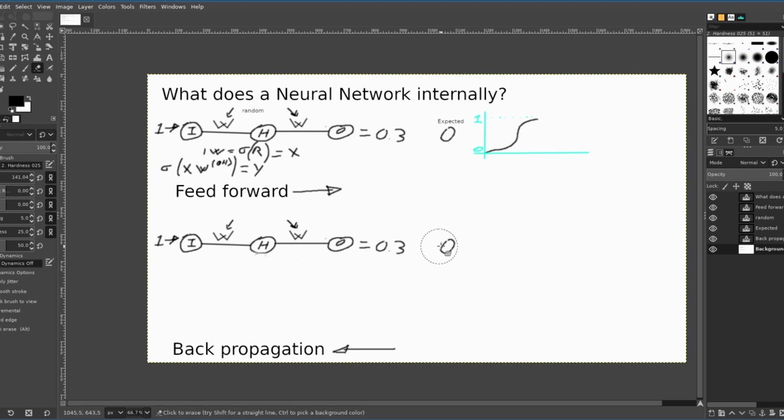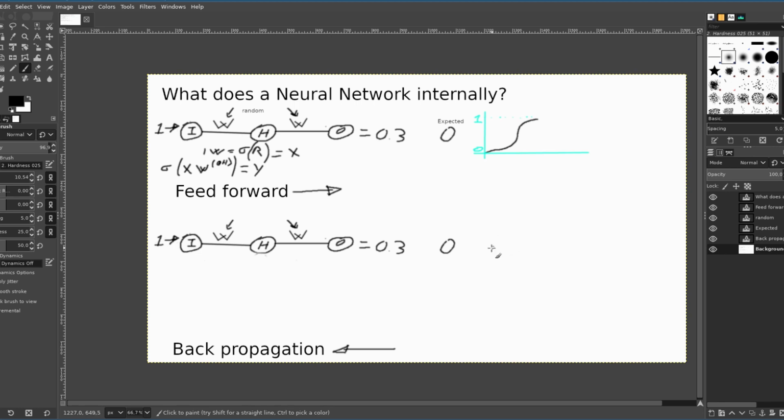So we have the expected here, and so the expected is 0. How can we backpropagate the error? How can we correct this number to become something more near 0, my expected number?